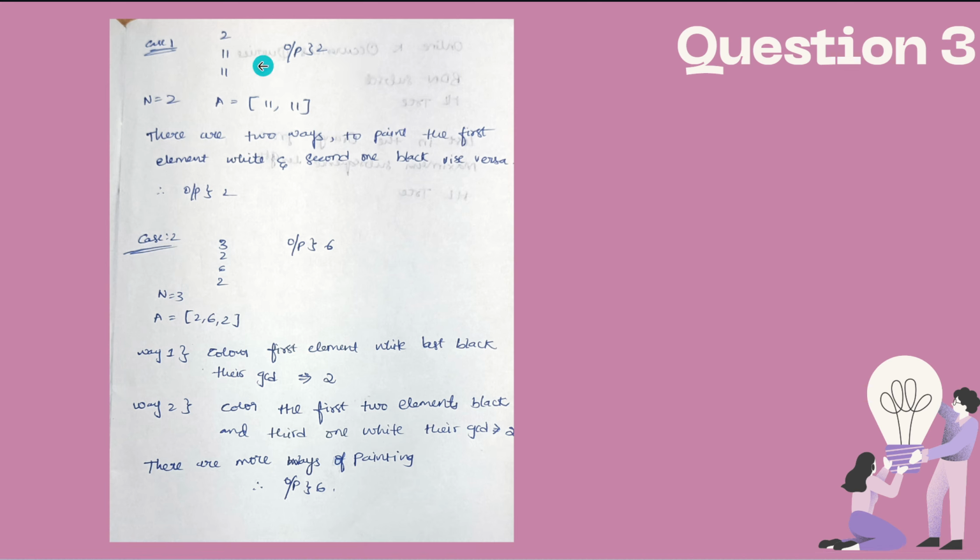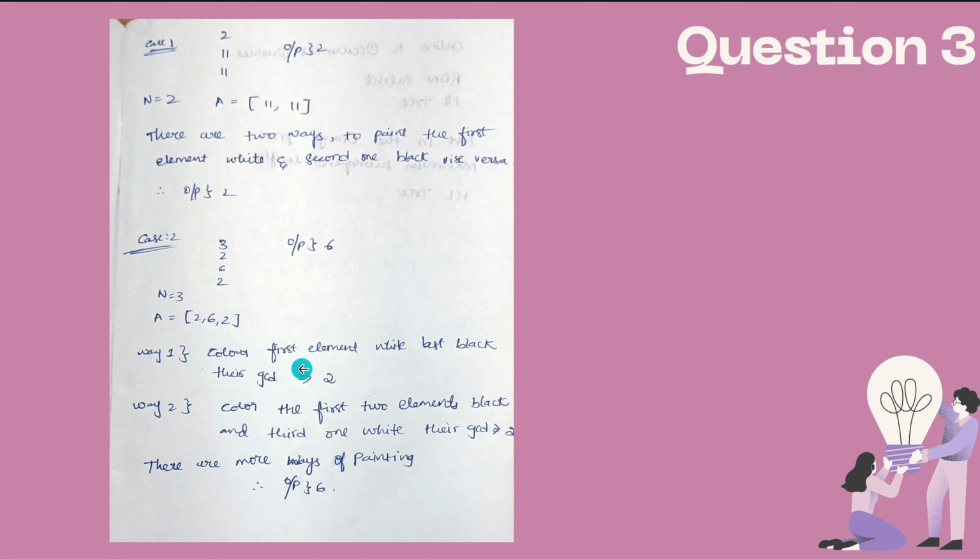You are given n as 2, with elements 1 and 1. You can paint that in two ways: paint the first element white and the second black, and vice versa. So the number of ways to paint is two, and your output is 2. Next, n is 3 and the elements are 2 6 2.